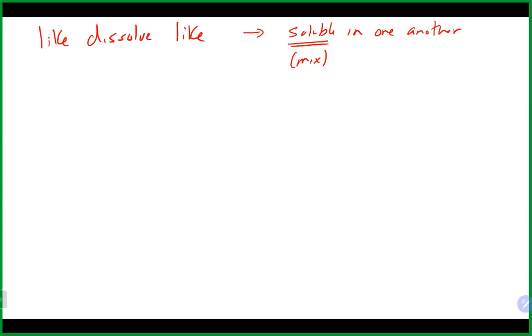And the idea here is things that basically can interact with other molecules the same way they interact with themselves make them soluble in each other. And it really has a lot to do with those intermolecular forces we talked a little bit about today.